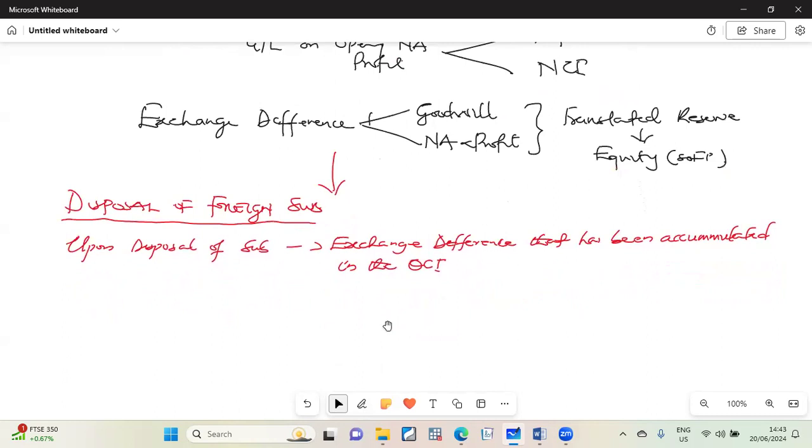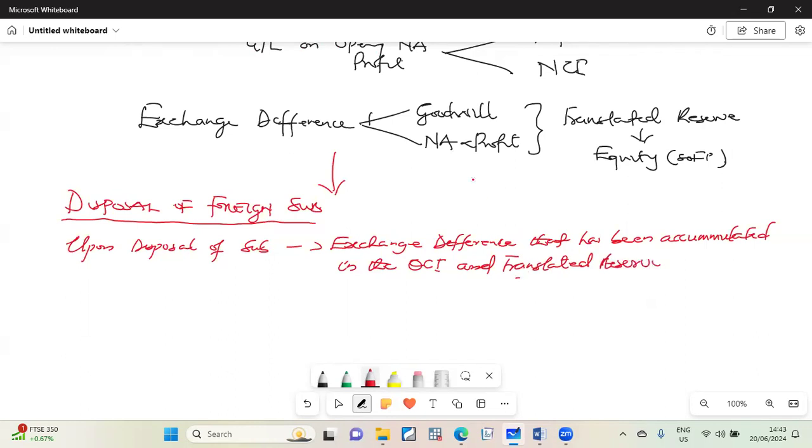i.e. your translated reserve, all those ones, all right? So that has been recognized in the OCI, and the ones in the translated reserve, because when you are doing P&L, it's not a translated reserve.